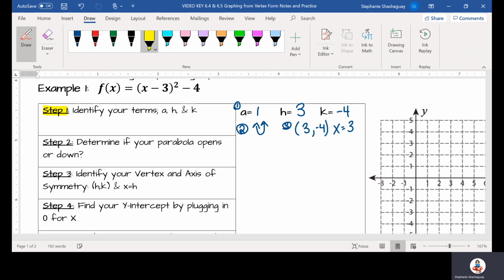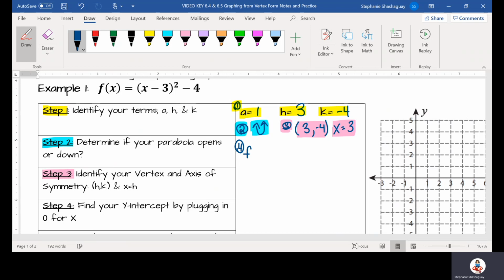So we had step 1, which was identifying all three parts of our vertex form. Step 2, we determined if that parabola was opening up or down. Step 3, we identified the vertex and the axis of symmetry. And now we're on to step 4, which is find your y-intercept by plugging in 0 for x.